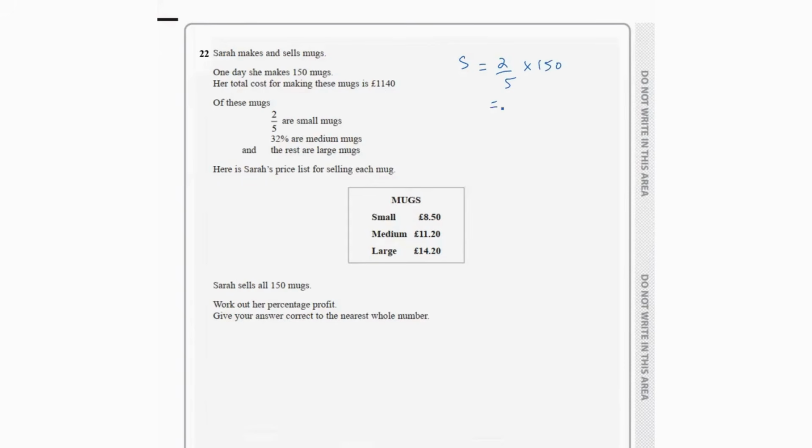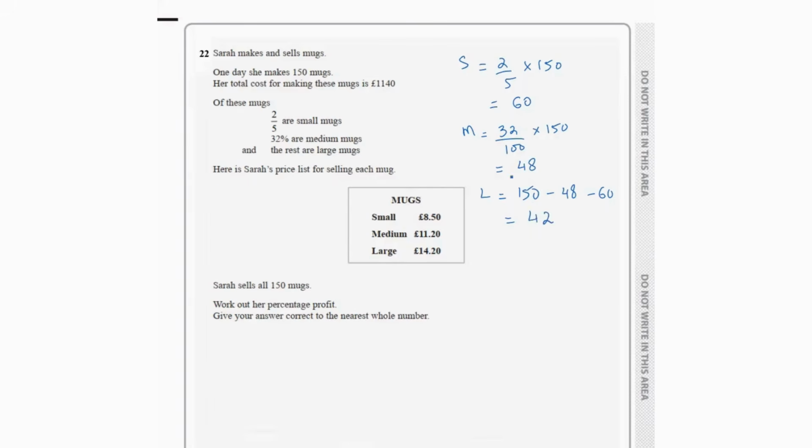So that's going to be 60. Then medium is 32%. So 32 over 100 times 150. That's going to be 48. And the rest are large. So 150 minus 48 minus 60. And that's going to be 42 mugs.